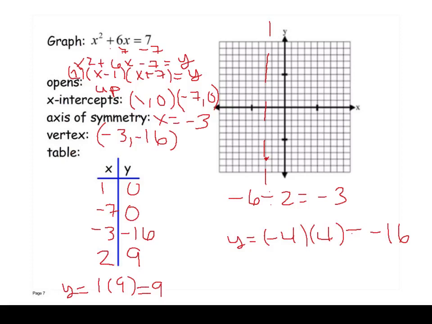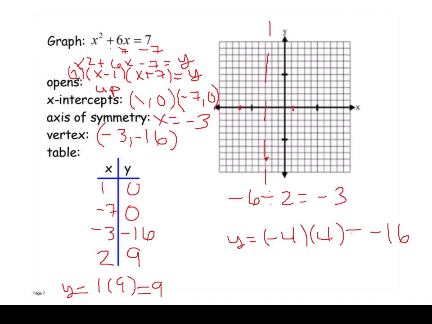And then my x-intercepts are 1, 0, located over here, and negative 7, 0. So that's located over here.